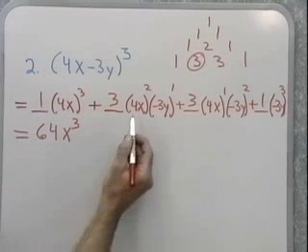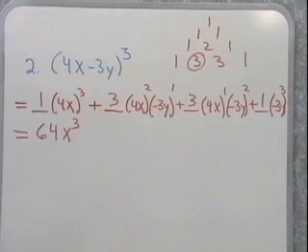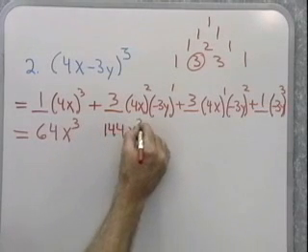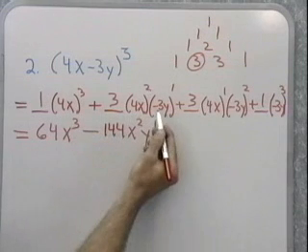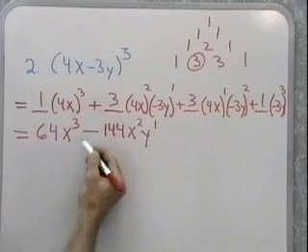Plus, well, now let's see, I'm going to have negative 3, 4 to the second, 4 times 4 is 16, 3 times 3 is 9, 9 times 16 comes out to be, let's see, 144, x to the second, y to the first, and then it's a negative sign, because I have negative 3 to the first power, which is negative 3, so that changes that to a negative sign.